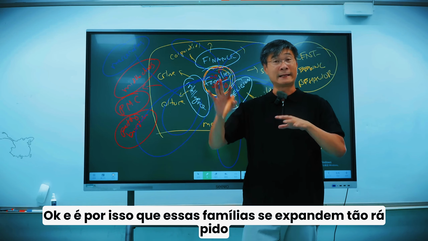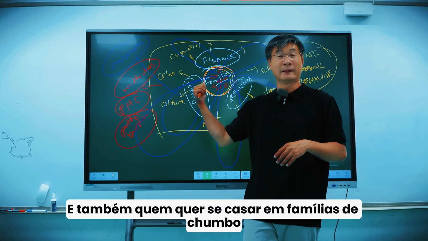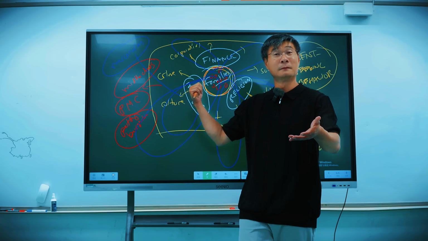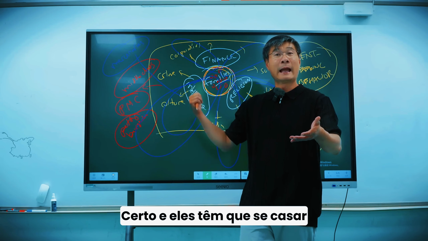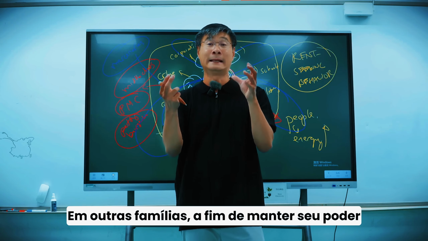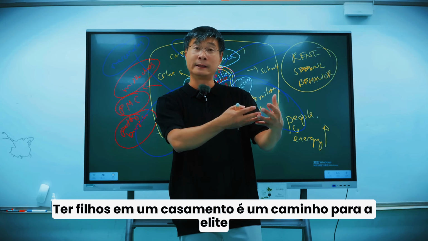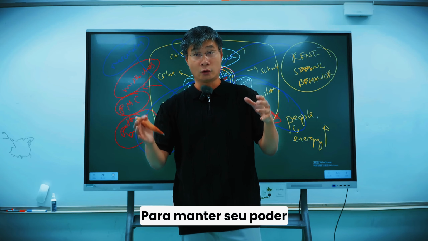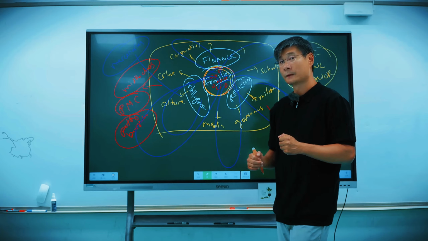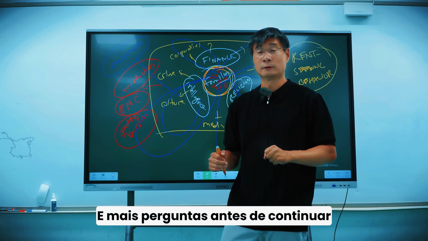Okay? And that's why these elite families expand so fast. And also, who wants to marry into elite families? Everyone. All right? And they have to marry into other families in order to maintain their power. Okay? So having children in a marriage is a way for the elite to maintain their power. Okay? But that's a good question. Any more questions before I continue?